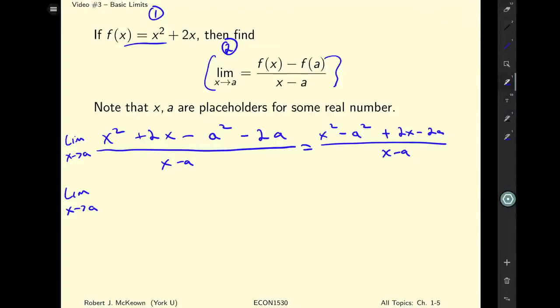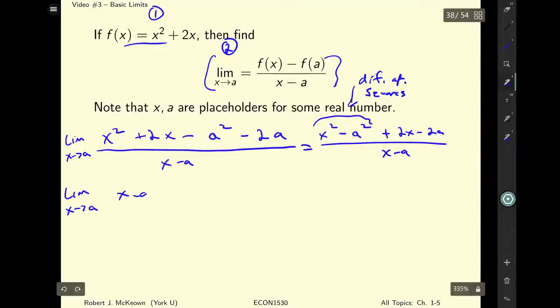And I can simplify the numerator quite a bit. So notice here that we've got a difference of squares. And so I can write this as x minus a, x plus a, plus 2 times x minus a, divided by x minus a.